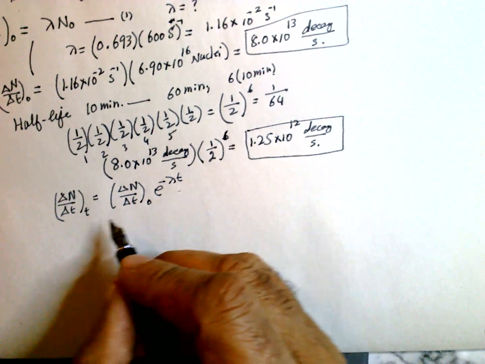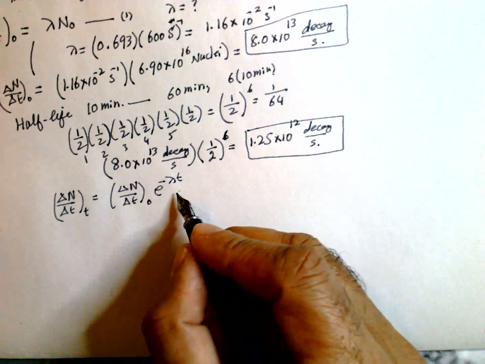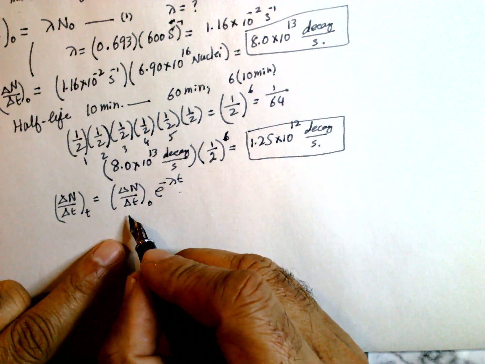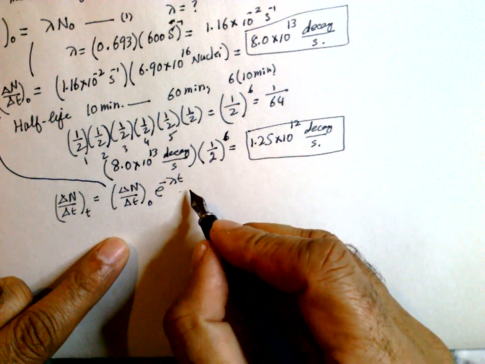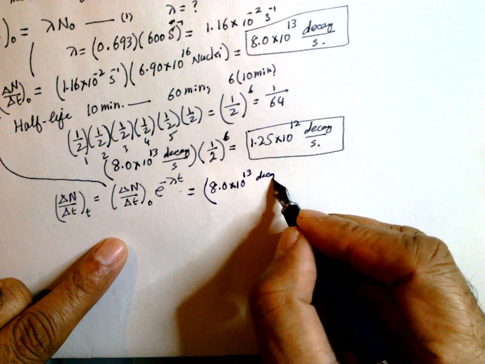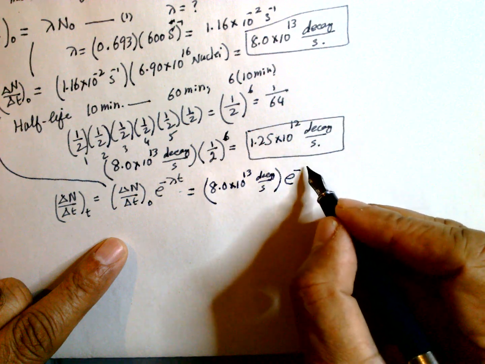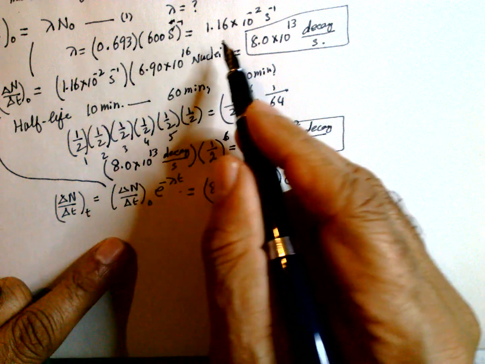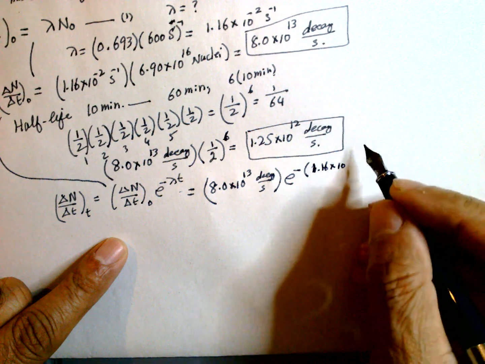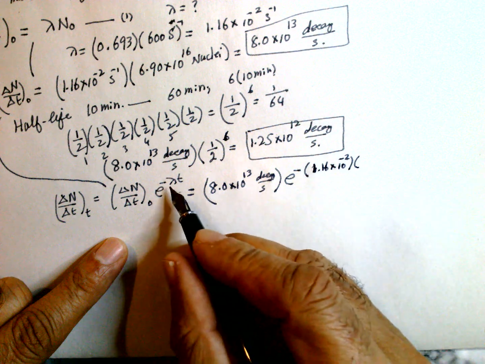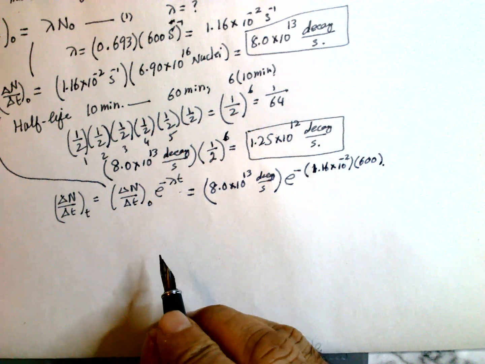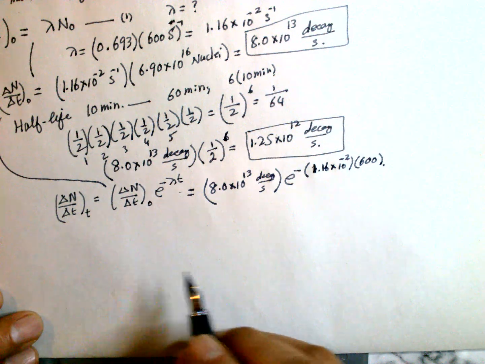From here, this is equal to 8.0 into 10 to the power 13 decays per second into e raised to the power minus lambda t, with lambda 1.16 into 10 to the power minus 2 and t 600 seconds.